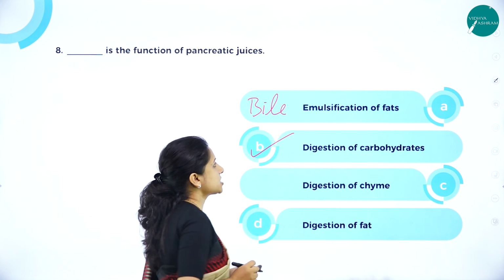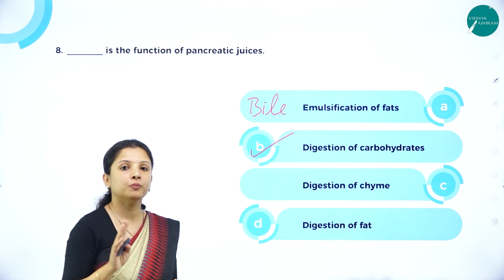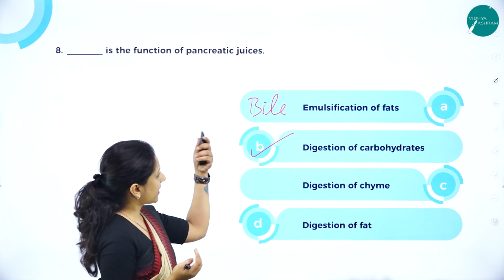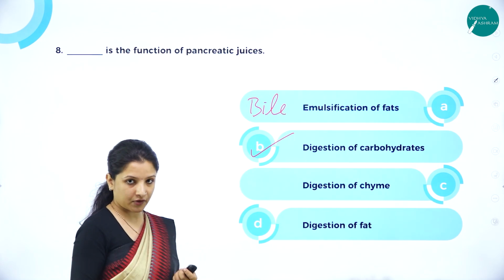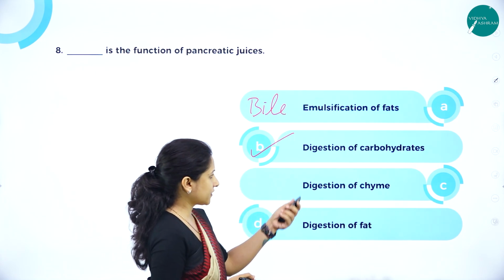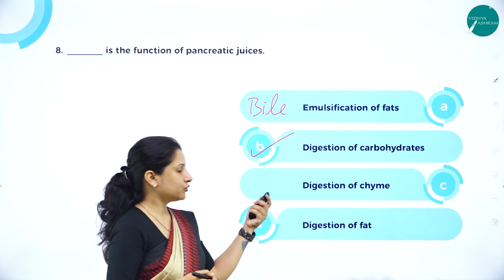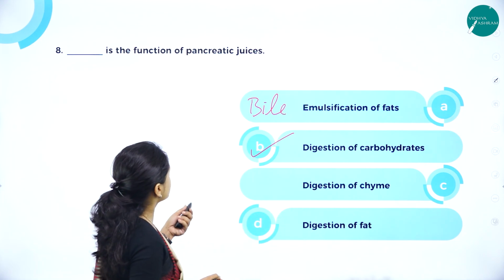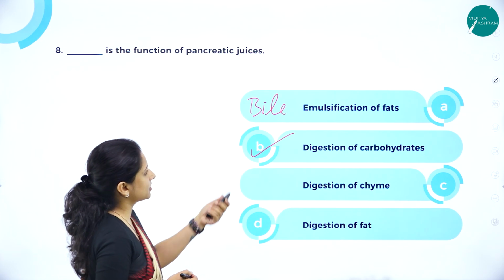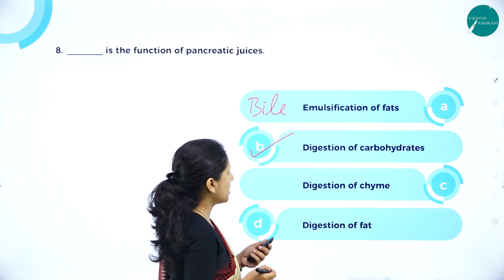So bile actually helps in the emulsification or breaking down of the fats. Pancreatic juices help in the digestion of carbohydrates. Digestion of chyme, not digestion of fat. No, that's not the right answer. So pancreatic juices, option B is the right answer here. That is digestion of carbohydrates.